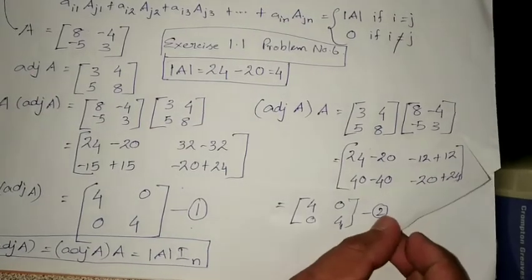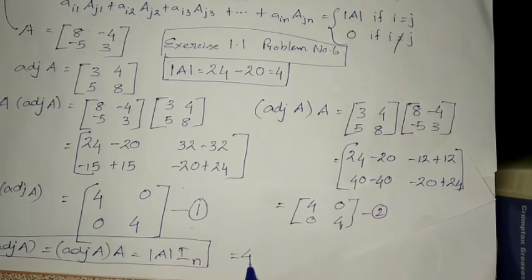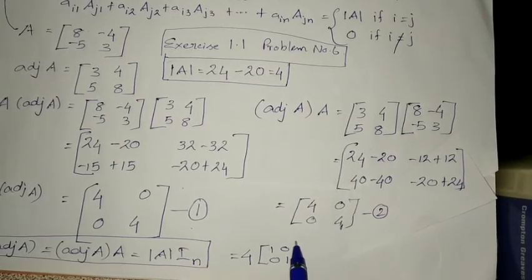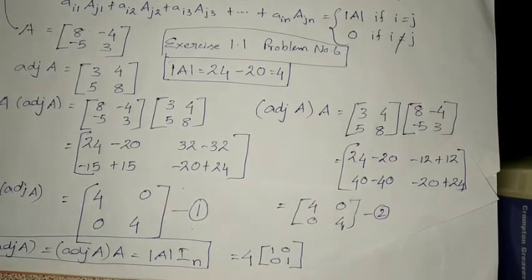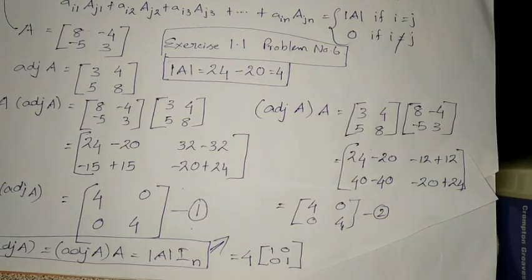It is equal to determinant of A, which is 4, into 1 0, 0 1. Hence we prove this law. This is theorem 1.1. We move on to finding the inverse of a matrix and the properties of matrices in the next session. Thank you very much.